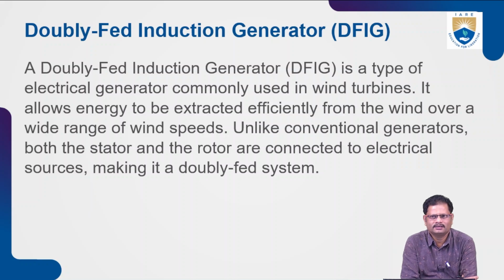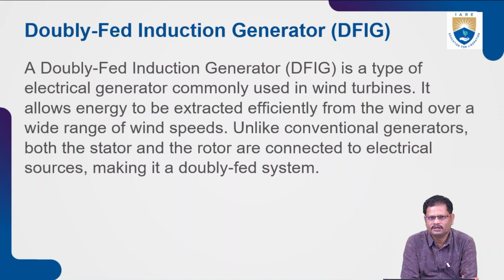Like conventional generators, it converts mechanical energy into electrical energy and has both a stator, the stationary part, and a rotor, the rotating part. Both are connected to electrical sources.